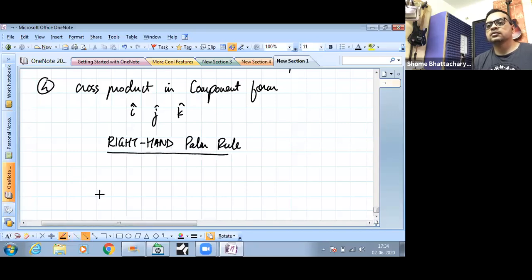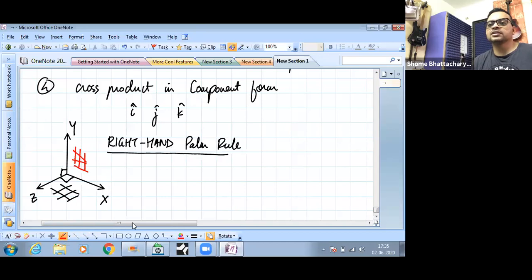Now again, you have to understand the three-dimensionality. This plane, which is say the XY, the Z plane. Okay. So as you can see, I have drawn this consistent with the right-hand system.